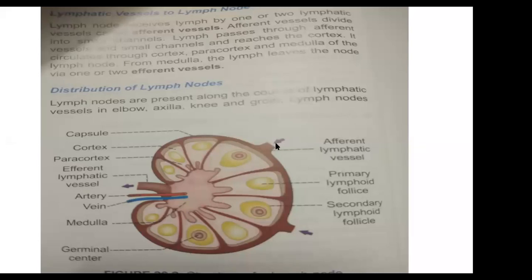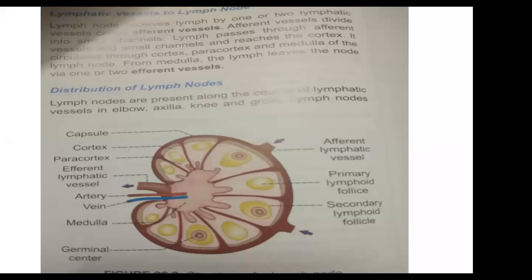This is the entry of the lymph. It then circulates throughout the nodule, and then at the left side, you can see the exit arrow. So whatever noxious material is found in the lymph is kept aside and captured by the lymph node, and the rest of the lymph is allowed to go ahead.